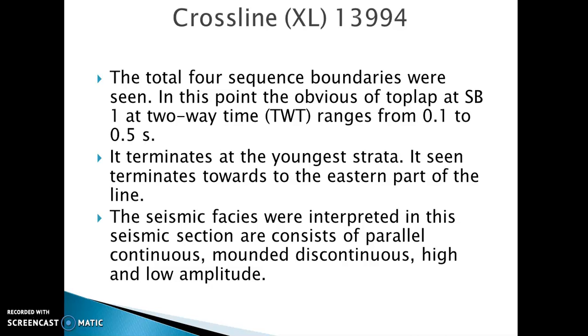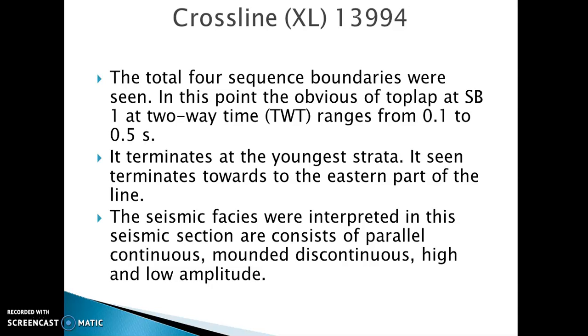Next, we will discuss the crossline 13994. In total, four sequence boundaries were also determined in this seismic section. At this point, the toplap at SB1 is obvious at two-way time ranging from 0.1 to 0.5 seconds.